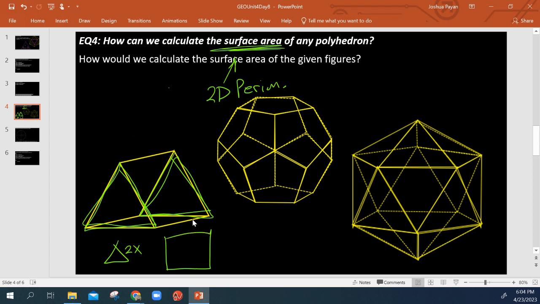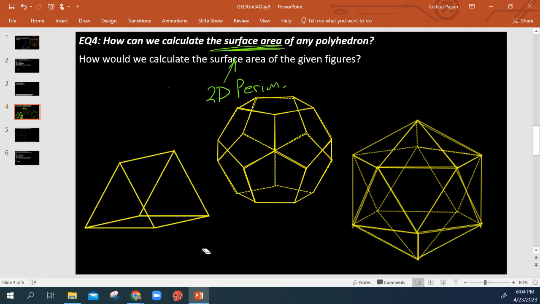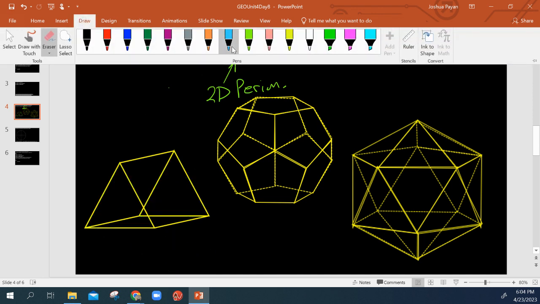Now, we can't be certain that all three rectangles are going to be the same. It depends on what our two triangle faces look like. But the point is, we would add the three rectangles' areas to the two triangles, essentially, again, doing what I said when I answered the EQ, two-dimensional perimeter.